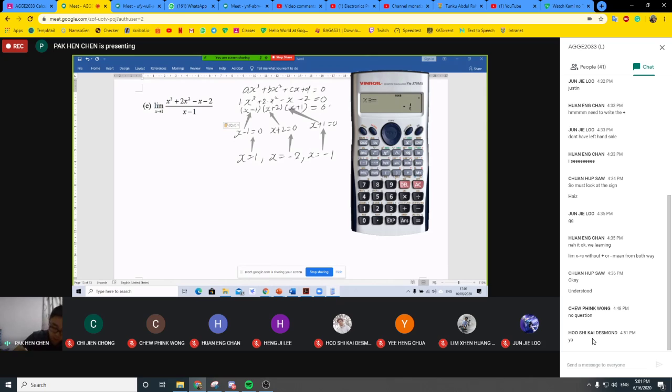Okay, that means when we want to do this limit, when we want to do the factorization, we actually can factor the numerator. We can factor this numerator into X minus 1, X plus 2, and X plus 1, which together with the denominator having the same X minus 1 to be cancelled out, isn't it?